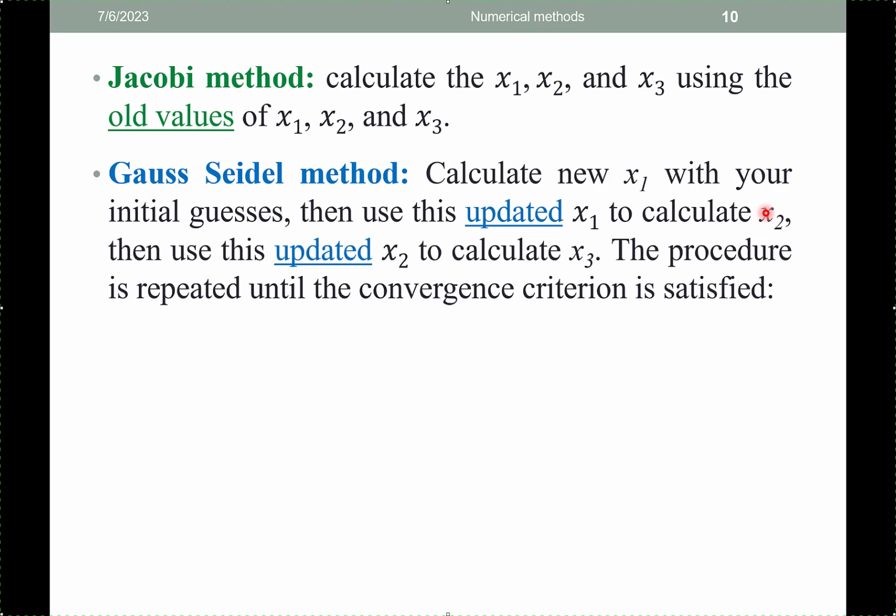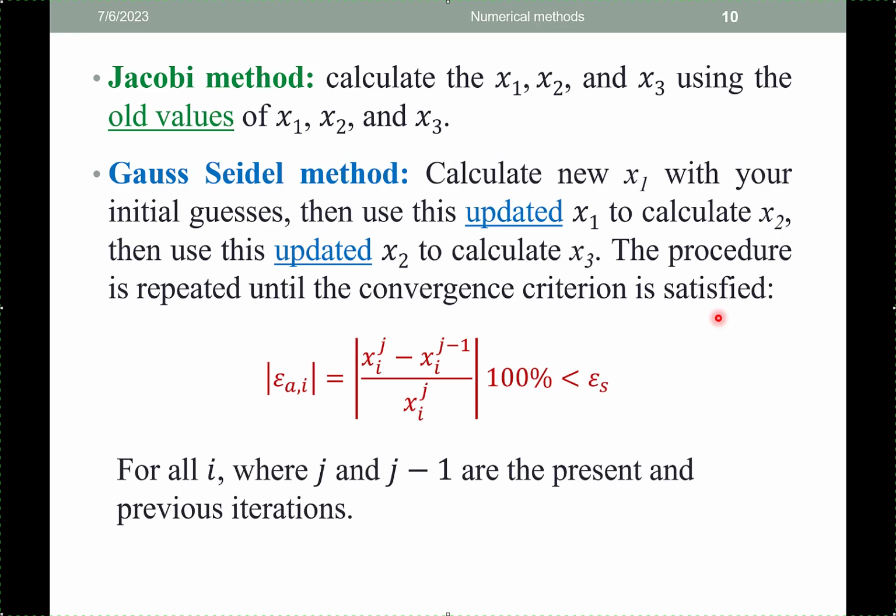So in the equation for x2, I don't plug in the initial guess for x1. I use the new value that I just calculated. And then when I'm calculating x3, I use the updated x2 to evaluate x3. This procedure is repeated until the convergence criterion is satisfied. So that is the main difference between these two methods.